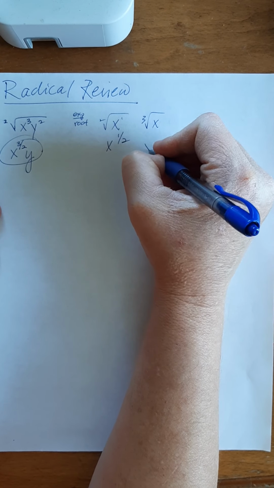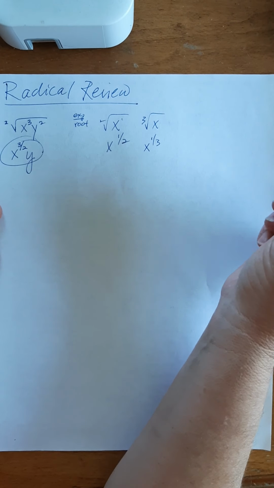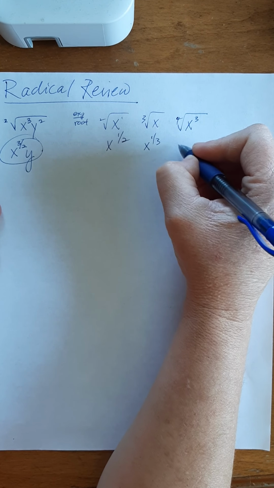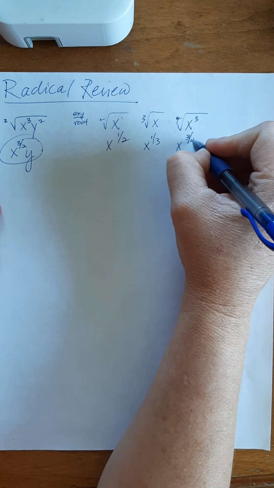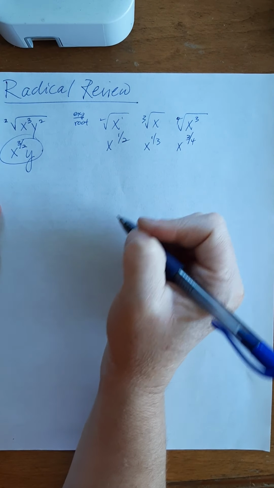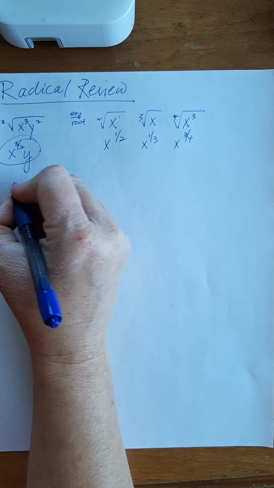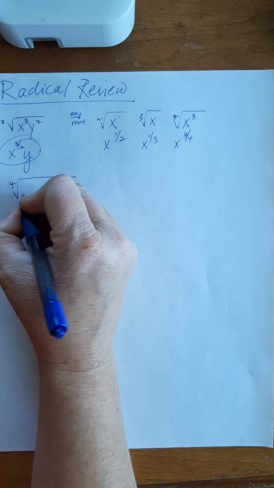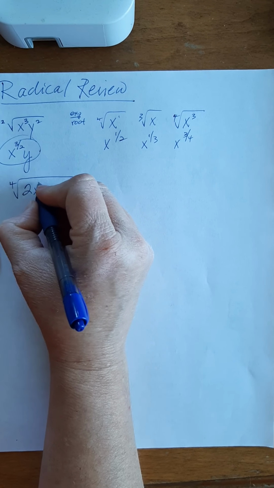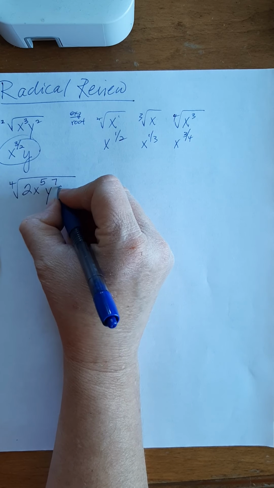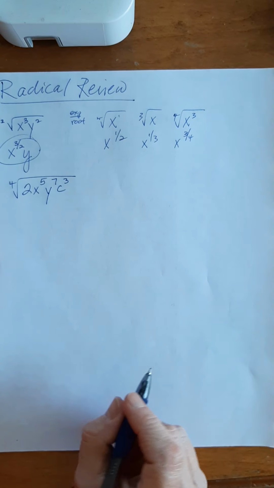Cube root of x, x to the 1/3. 4th root of x cubed, x to the 3/4. And so if you have more to it, remember understood index of 2 if it's not there. Let's say 4th root of 2, x to the 5th, y to the 7th, c cubed.